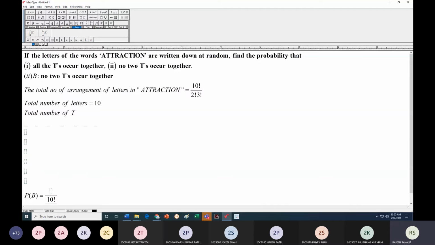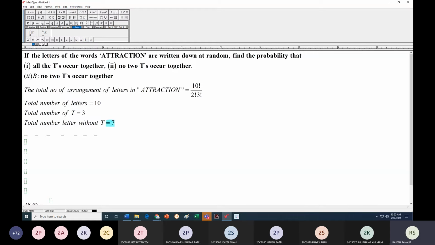Number of T is equal to 3. So total number of letters without T is equal to how many? 7. So let us see first the arrangement of these 7 elements.